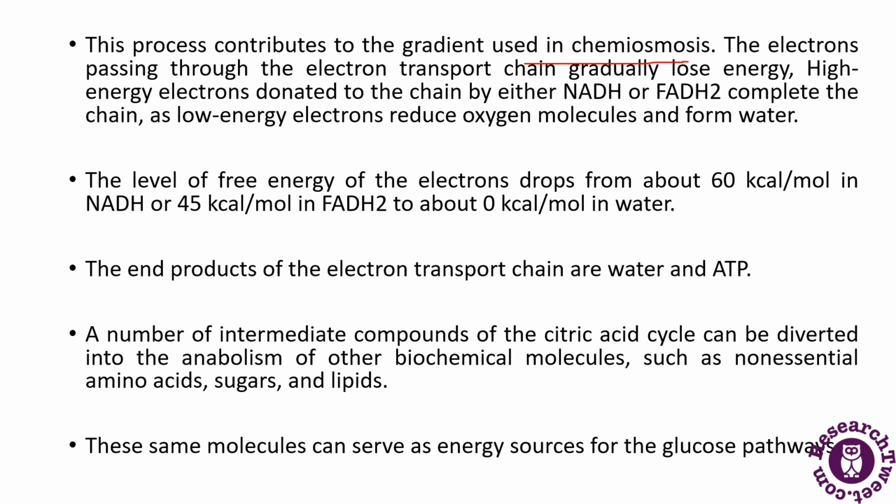The electrons passing through the electron transport chain gradually lose energy. High energy electrons are donated to the chain by NADH and FADH2, as represented in the diagram, and as low energy electrons they reduce oxygen molecules to form water.